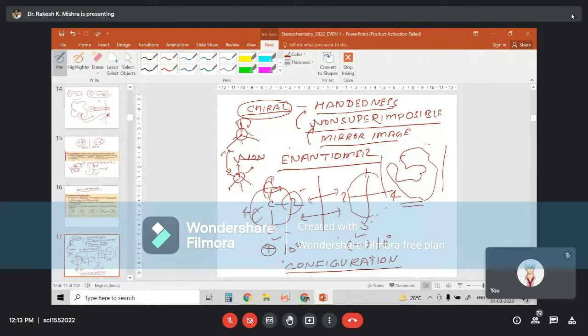To convert, you have to break the bond, so bond breaking and bond formation should occur, and only then can you get the other enantiomer.